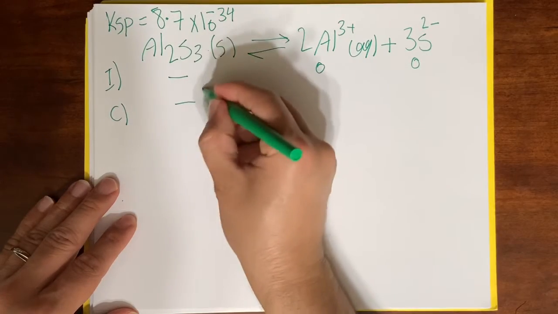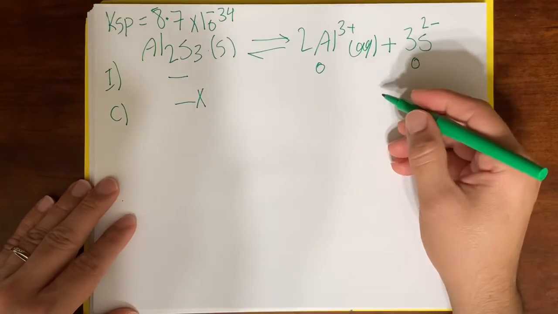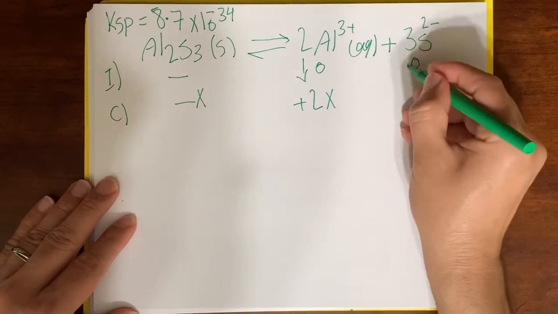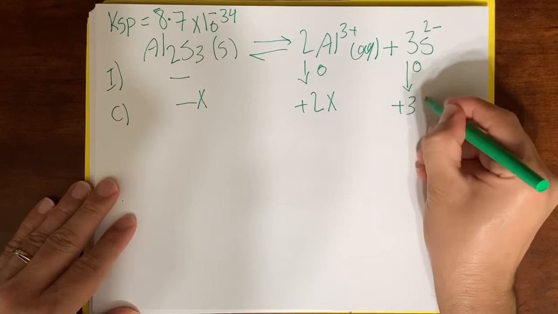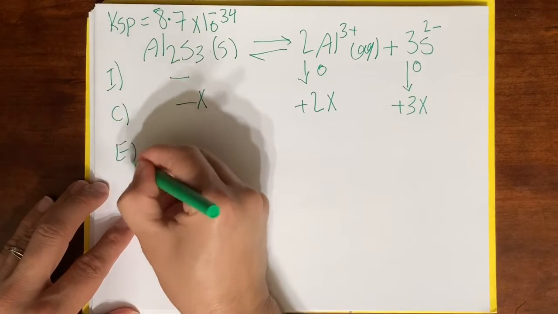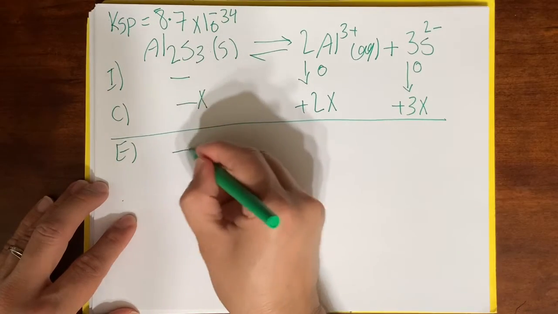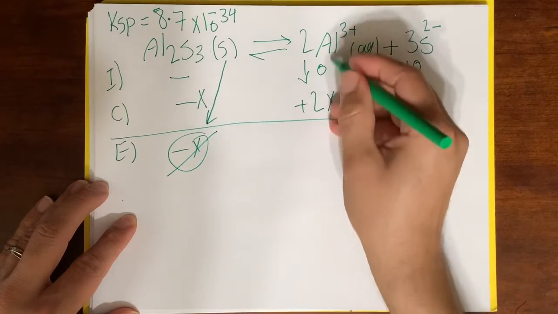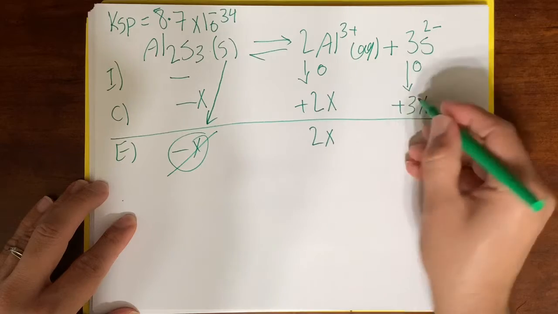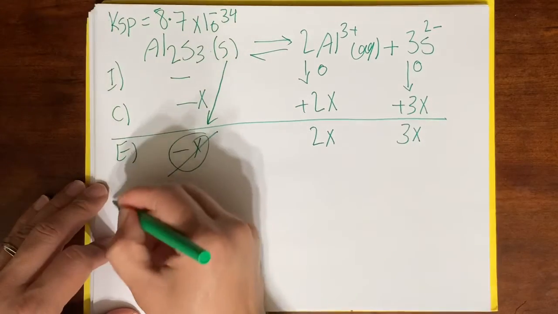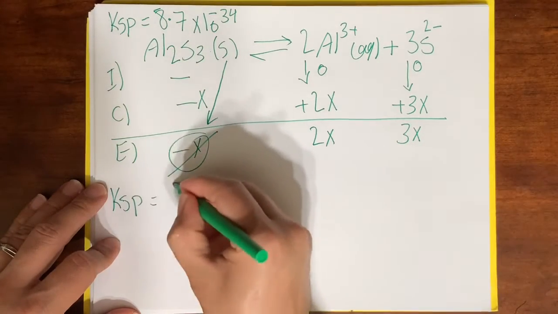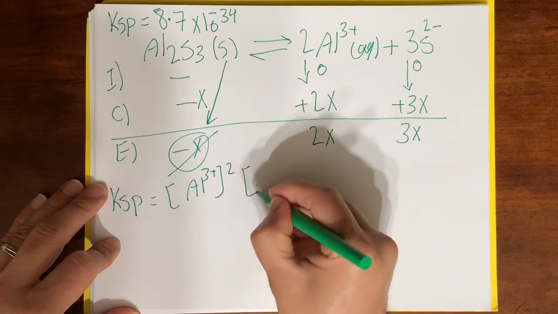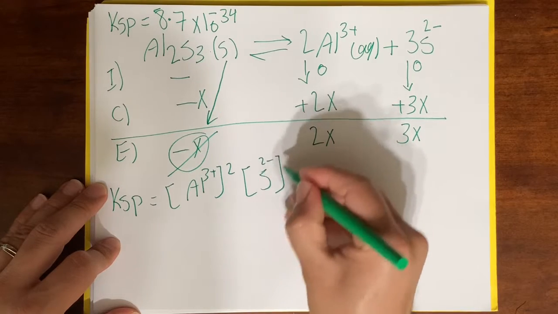Change, we're going to lose something from the solid. We're going to generate here plus 2x, and this one it will be plus 3x. So under equilibrium condition, we're going to get minus x, which we don't care about because it's solid. How about this? It will be 2x, and that one is going to be 3x. So KSP will be aluminum to the second multiply sulfide to the third.